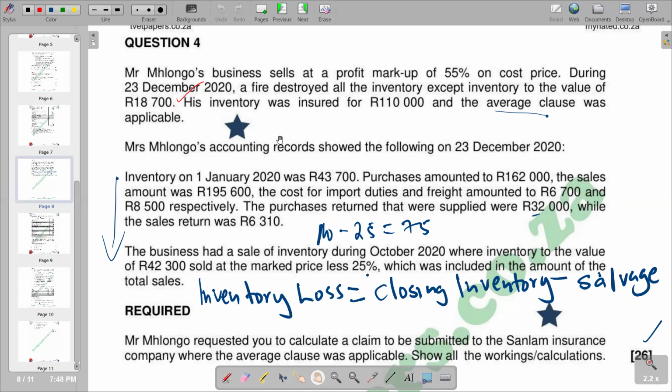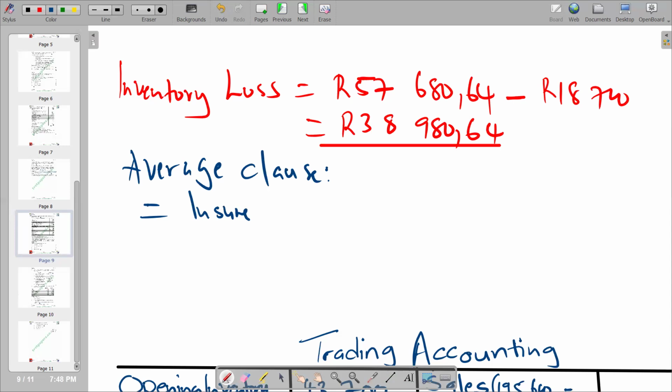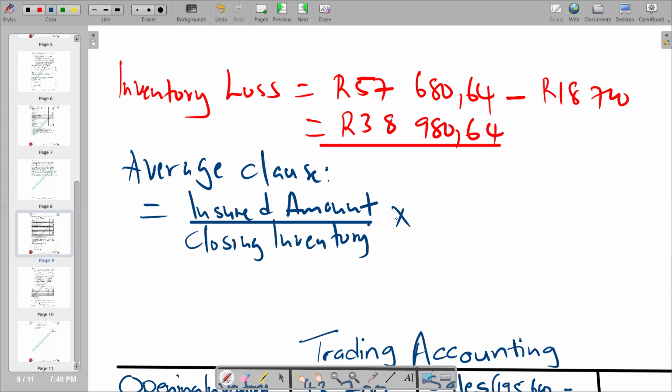So we are going to calculate the average clause, whereby we say average clause is equal to the insured amount over closing inventory, and then you multiply by the inventory loss over 1.